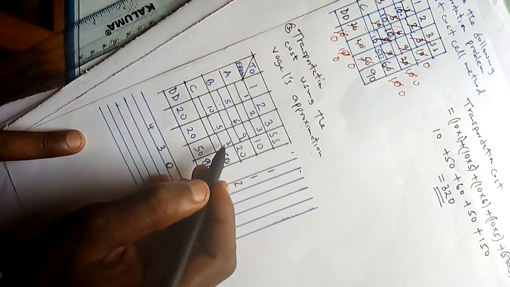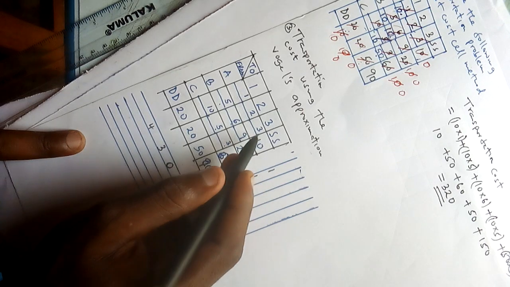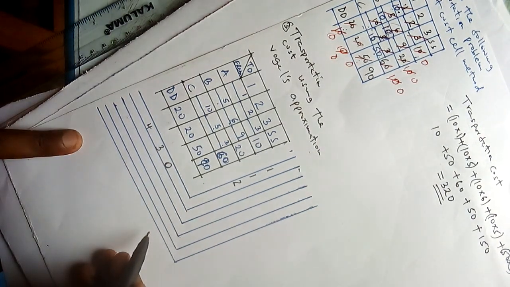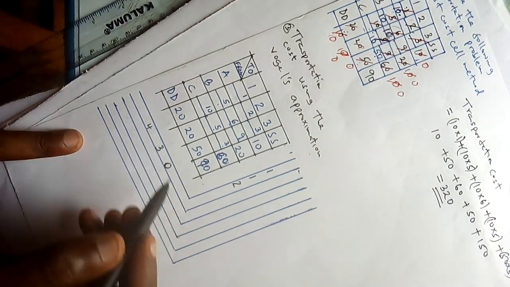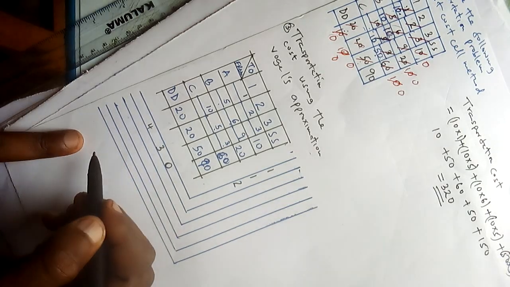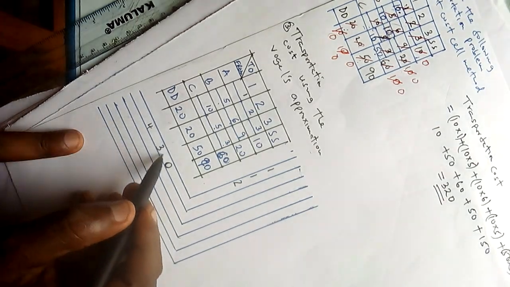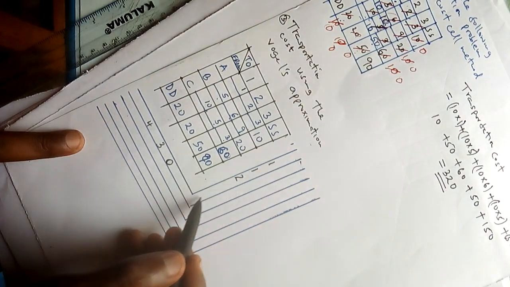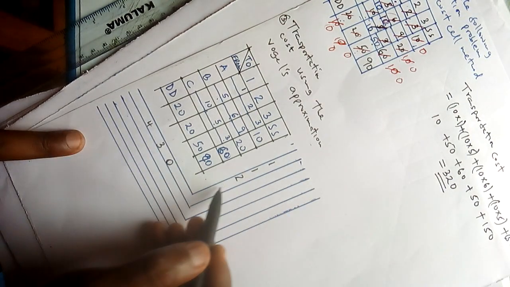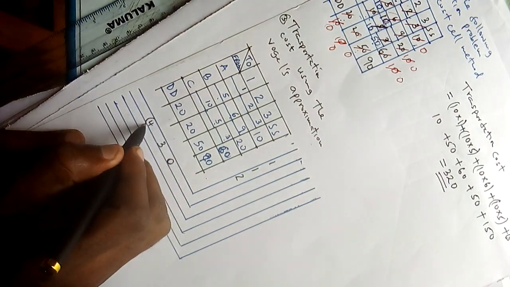So these are the same, so they are tying, so the difference will be 0. Then after doing that, we identify the maximum penalty among these. So the maximum is this one here.